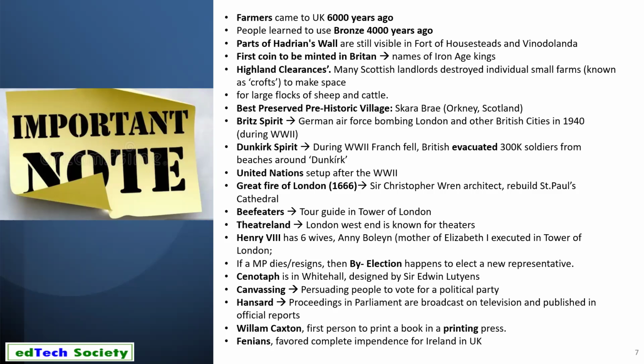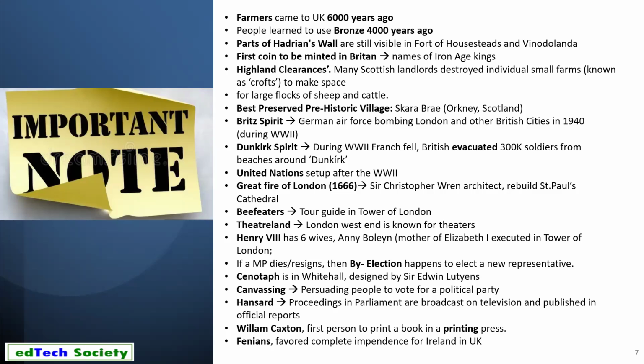Don't get confused here. The Blitz: in 1940, the German Air Force bombed London and other British cities during World War II, and it's called the Blitz Spirit. And there is another thing that happened during World War II when France fell.